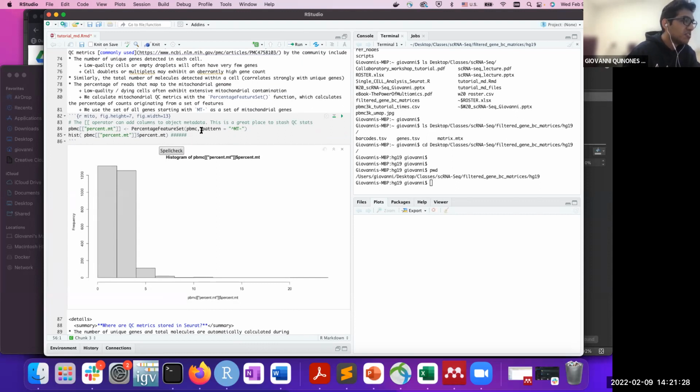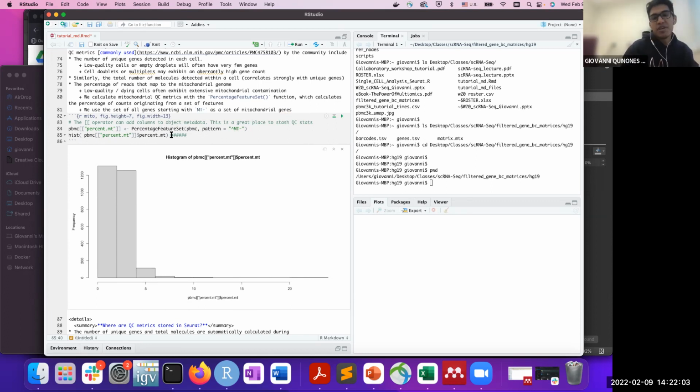Here we're selecting the genes that have this pattern MT, because many of the mitochondrial gene names start with MT. We're selecting all the mitochondrial genes that follow this pattern, and we're going to calculate a percentage feature. This percentage feature is the number of UMIs, the number of RNA molecules that map to these genes, over the total.